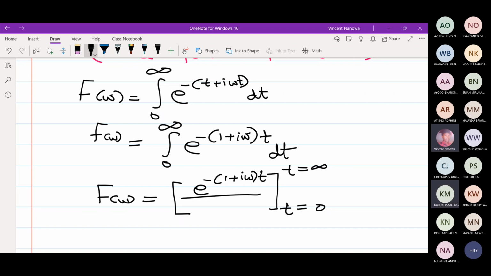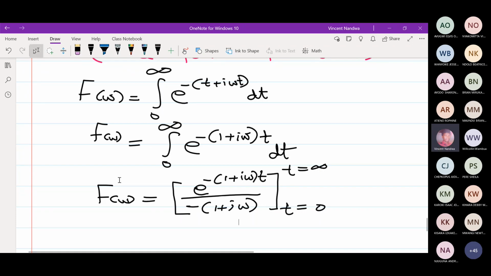So we divide that by negative of the 1 plus i omega, okay? Do you have that? Do you agree with that, Andra? Yes.